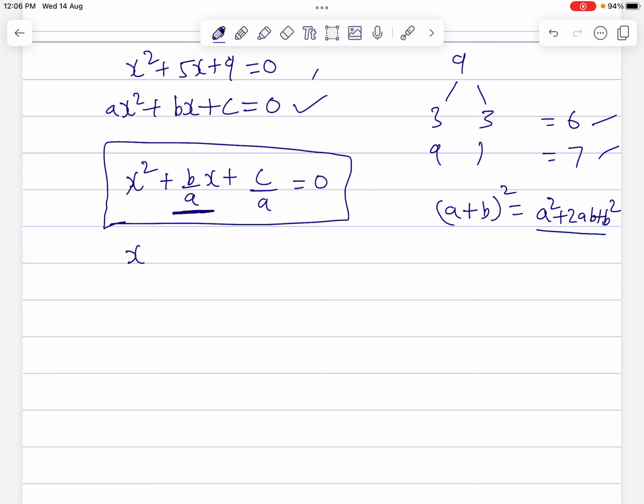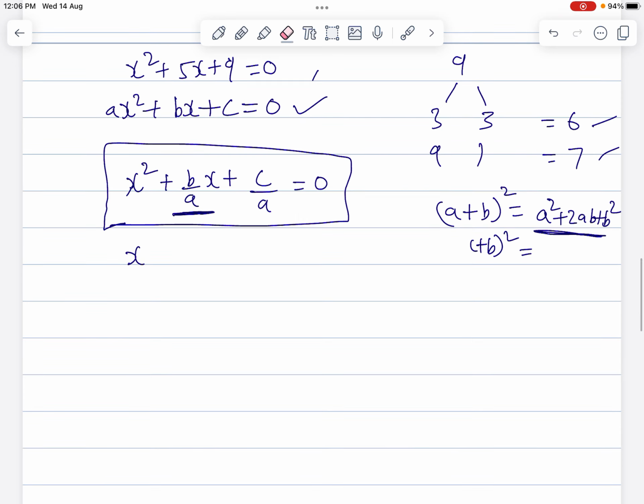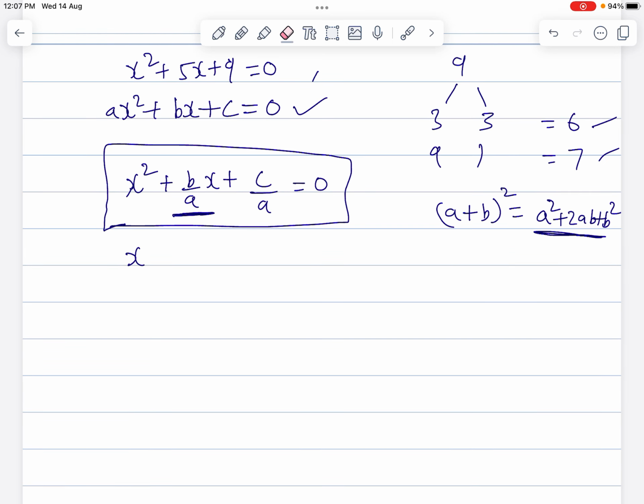So if we can somehow make this equation in the form x plus b whole square, we can solve this equation. For this, here I am multiplying by 2 and dividing by 2, plus c by a I have as it is.